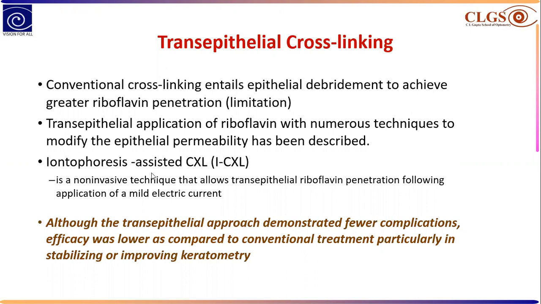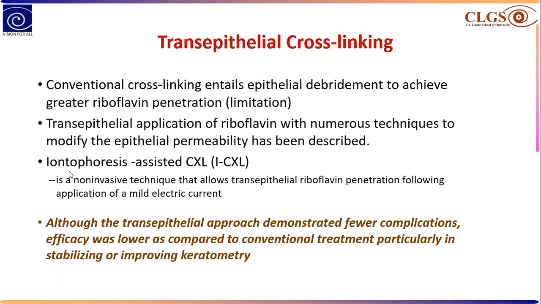But removal of the epithelium in itself can create issues like corneal infection, patient pain, and sometimes can also cause corneal scar. All those possibilities are there. So they came up with a new extension of the cross-linking process called transepithelial cross-linking. There, they developed a process through which riboflavin could be transmitted into the stroma without the need to remove the epithelium.